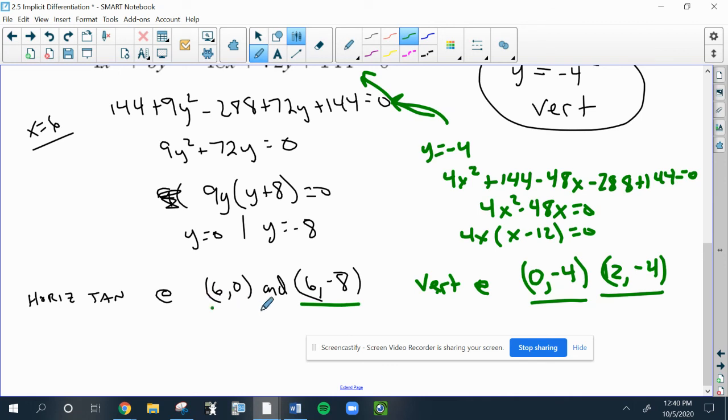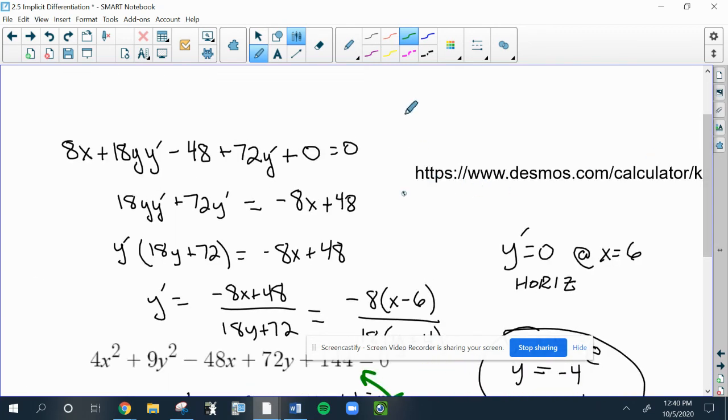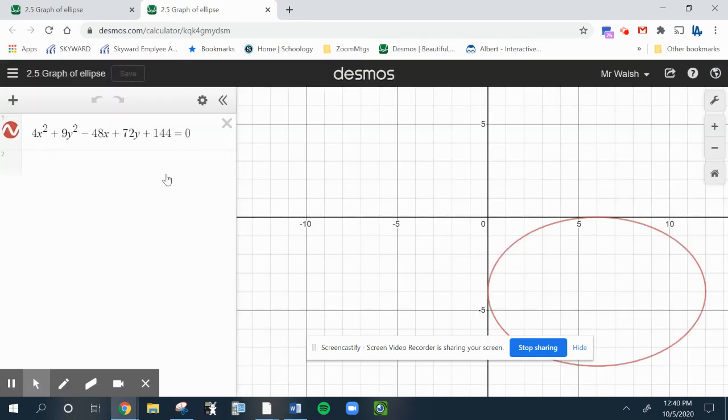So those are going to be hard to check on a calculator because our calculator does not graph functions of both x and y. So I'm going right to Desmos on this one. I've already set it up here. There's the equation. There's the ellipse.